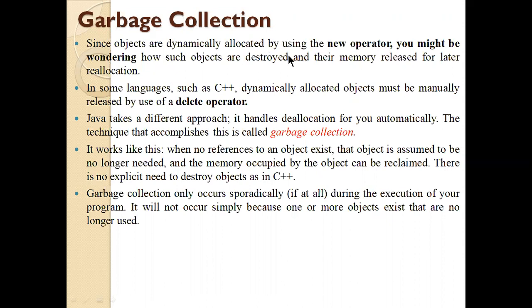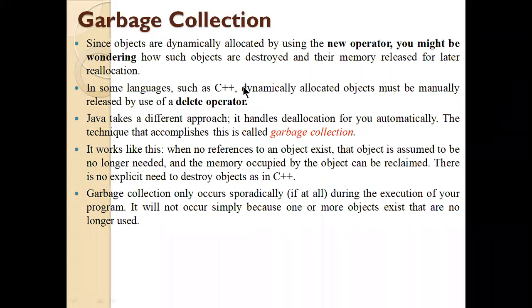By using the new operator we allocate, but how is it that in Java the memory is released, or you can say the deallocation of the memory space is done? And later, the memory made free by means of deallocation is again reallocated to some other objects.